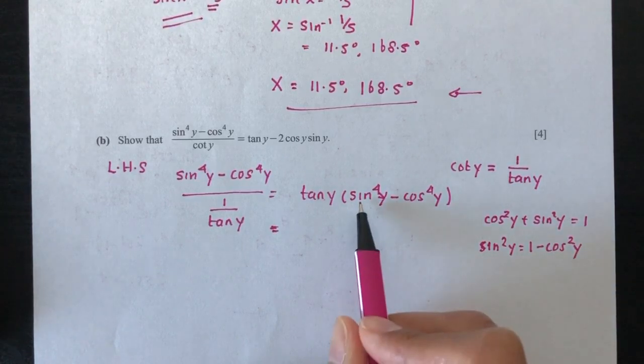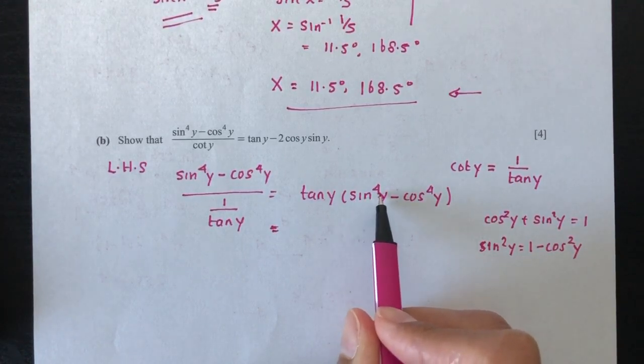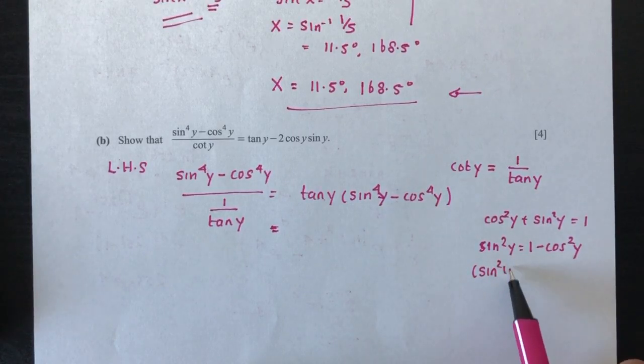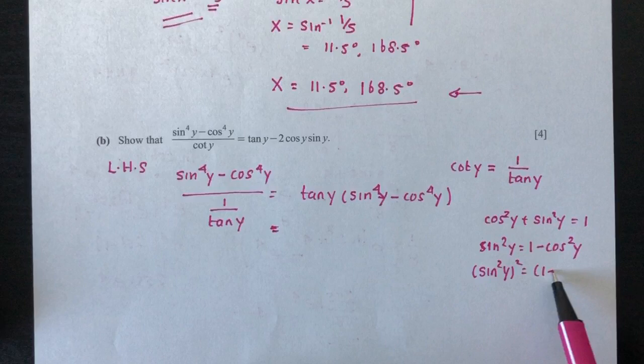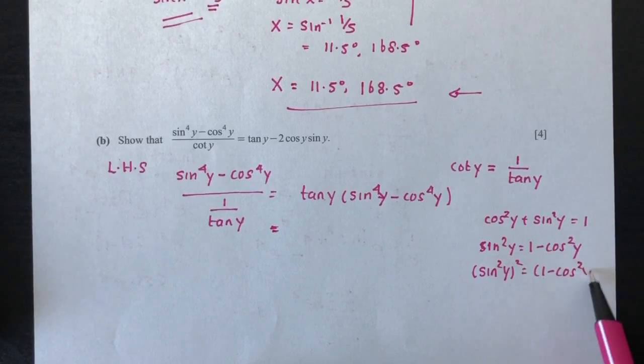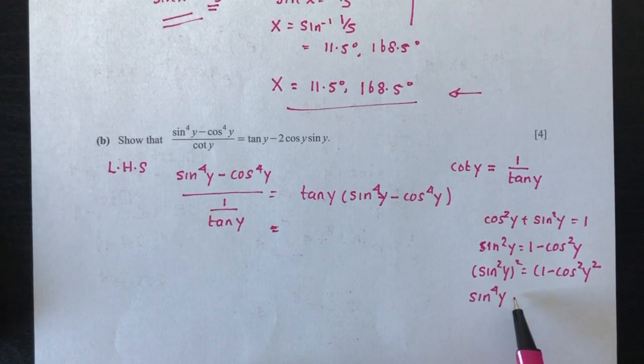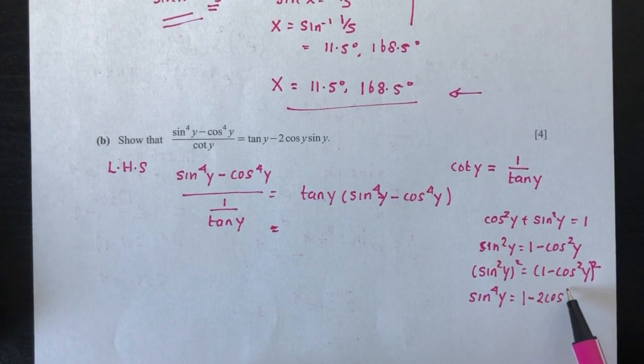Now here we have sine power 4, so we have to square this one. You will have 1 minus cos square y, all squared, for sine power 4y. So what is this value here? This will become 1 minus 2 cos square y, and then plus cos power 4y.